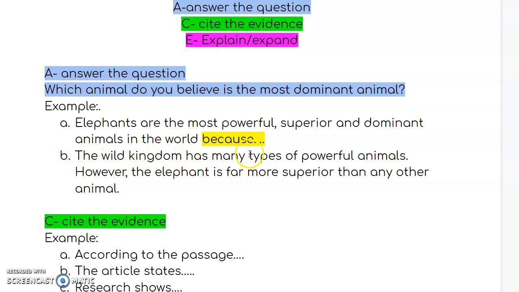B, the wild kingdom has many types of powerful animals. However, the elephant is far more superior than any other animal. You see that I have highlighted the word because, and the reason I did that, I do not like it. I think it's lower level, and I think in 8th grade that you can move away from "elephants are because."